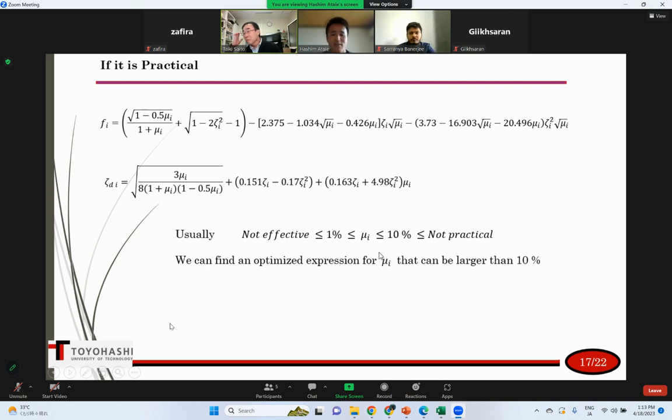If we use optimized mass ratio, optimized damping ratio, and optimized frequency ratio, then maybe we will get a better result. But the main thing is that this idea might not be practical.